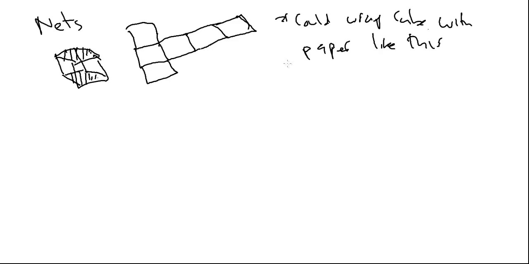So what you can check is that the area of this paper is equal to the surface area of the object. So the area of net, we call this wrapping paper-like object the net of the 3D object.